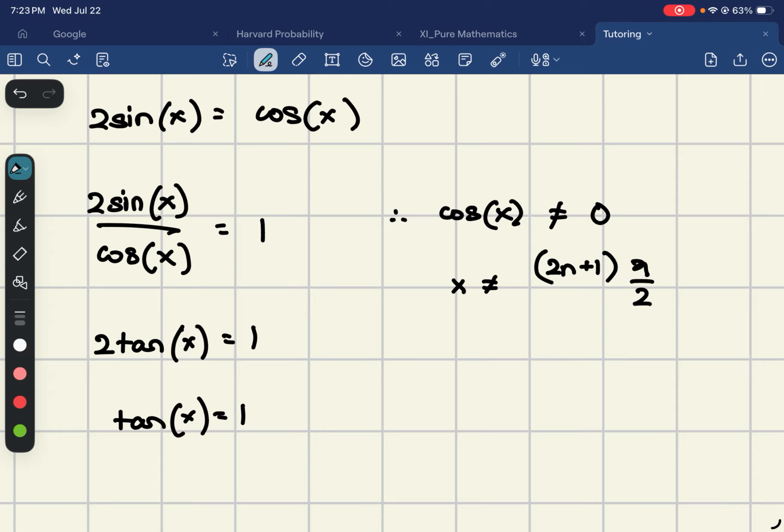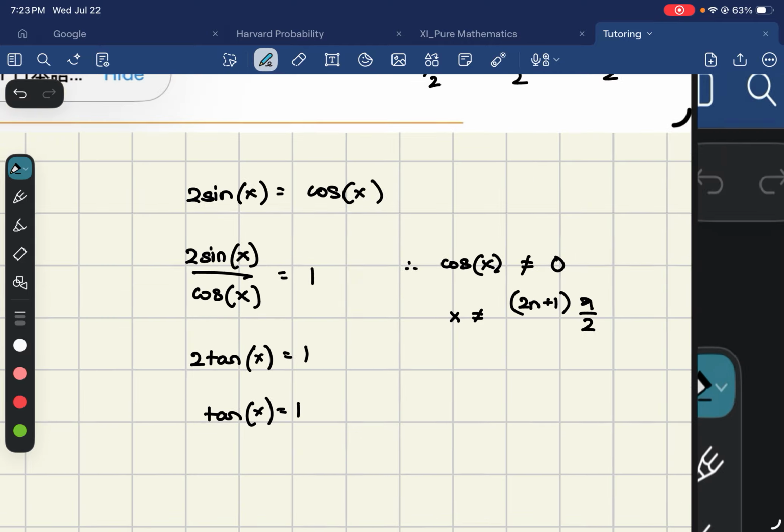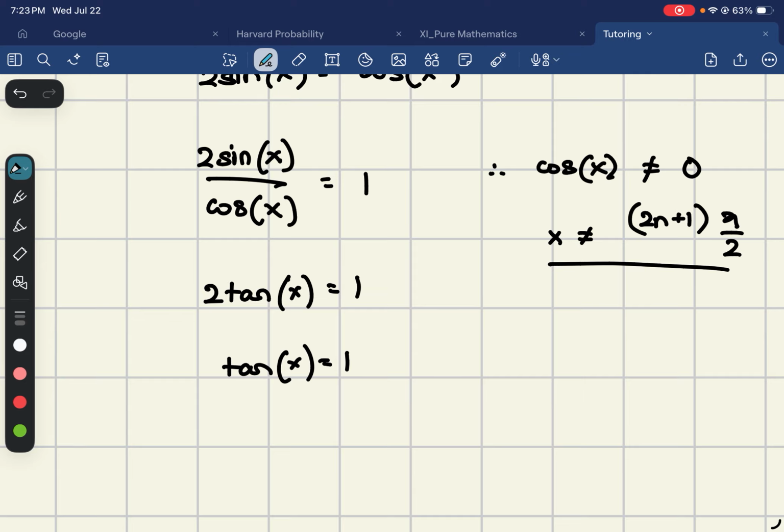Cos 90 is 0, cos 270 is 0, and 270 plus 180 should also be 0. So like 450, any odd multiple of pi over 2 gives you cos x equal to 0. So x cannot be odd multiples of pi over 2.